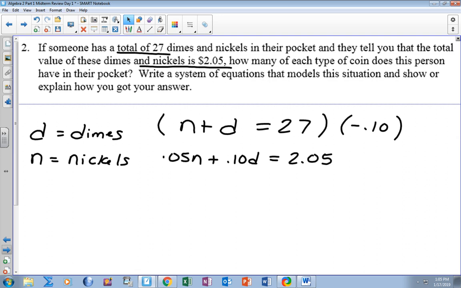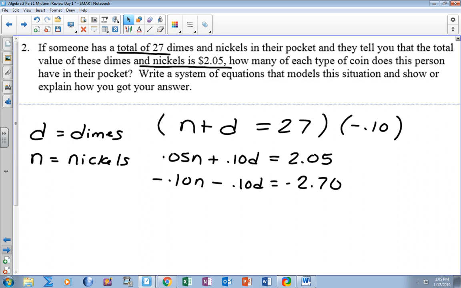And changing the sign. So negative 0.1 times n is negative 0.10n, right? Negative 0.1 times d is minus 0.1d, right? You can put the 0 or don't put the 0. And then negative 1 times 27 is negative 2.70, right?